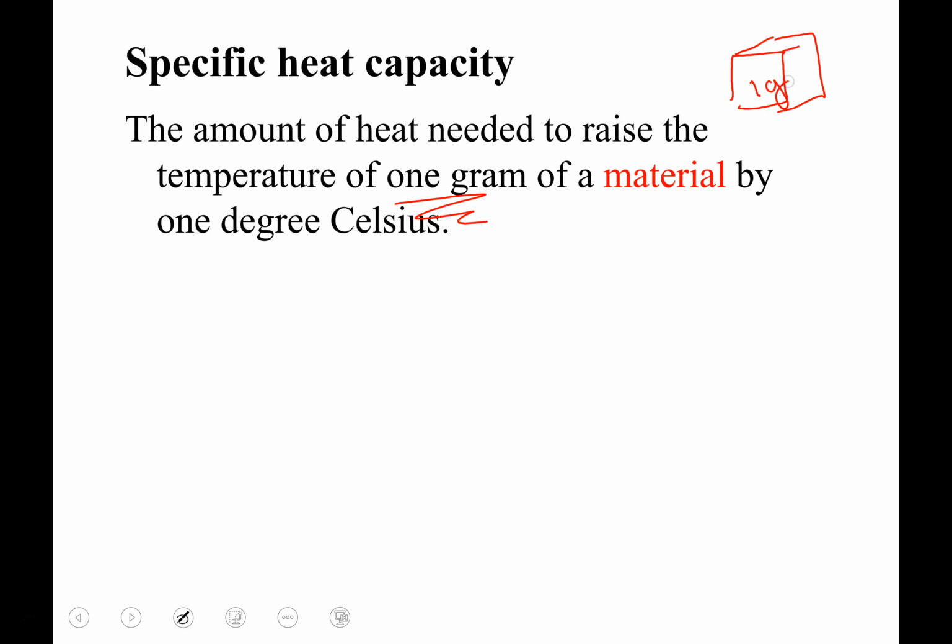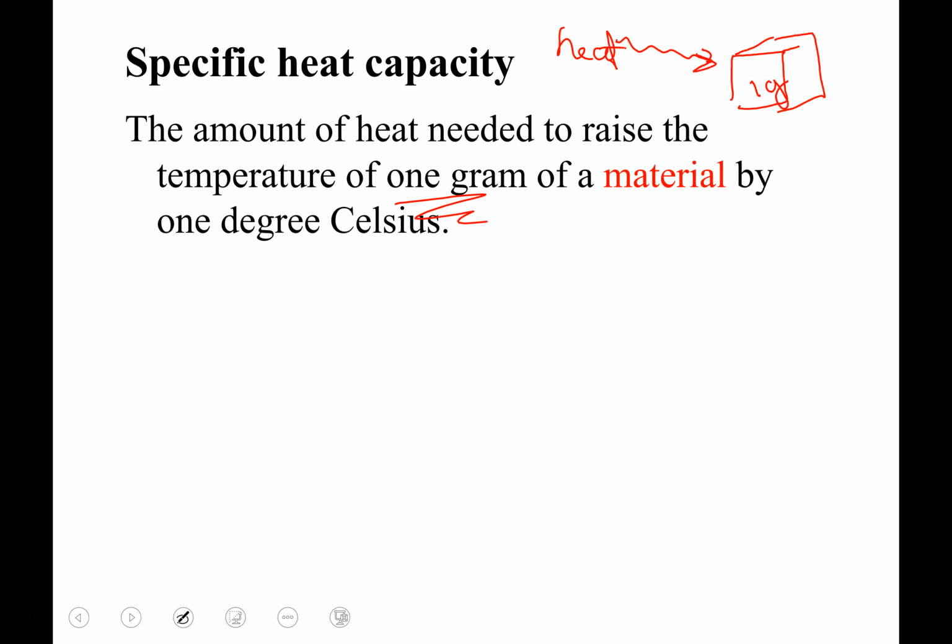It could be water, it could be air, it could be iron, it could be glass, but I have 1 gram, and I'm going to zap it with heat. So my zapping with heat is my little squiggly mark there. Okay, heat. I'm going to zap it with a certain amount of heat, and that amount of heat is, I'll come back to that, but I'm going to raise the temperature up.